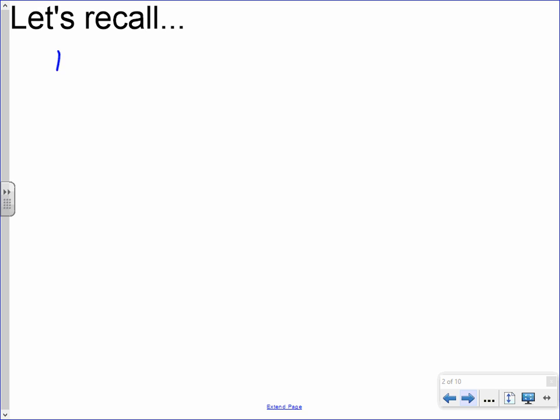All right, so if we have an ellipse and it opens horizontal, how do we pick that out? How do we pick out that it's horizontal versus vertical? The greater what?